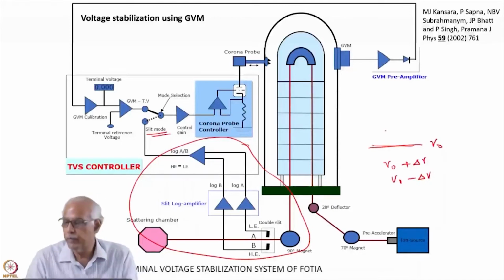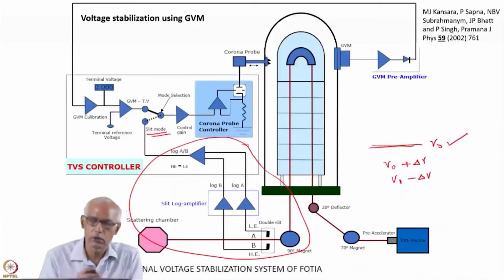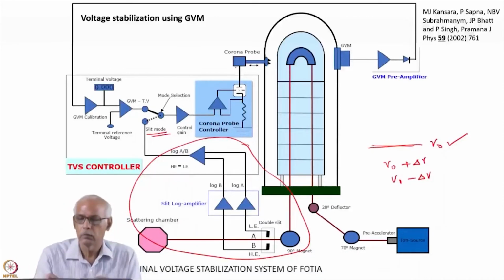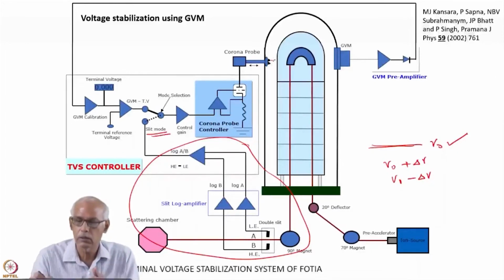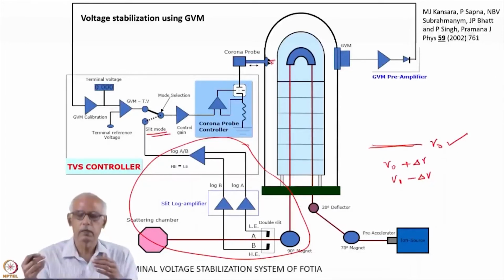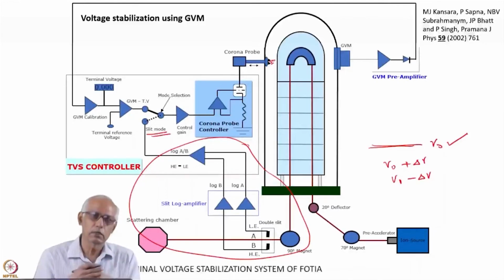So you compare the actual voltage with the reference voltage, which is V naught, and then give the feedback to this system. When you do it, it basically modulates the corona current in this region, and that increases or decreases the load.